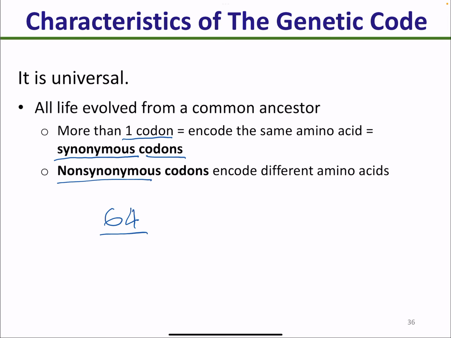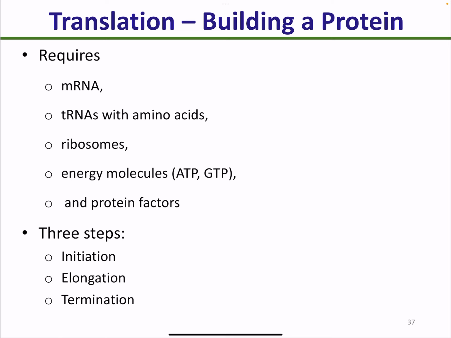All right. So at this point, we are going to take a look at how translation is done. For translation to occur, you are going to need a number of players. You need the messenger RNA that actually carries the information.